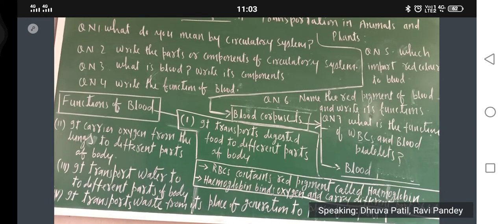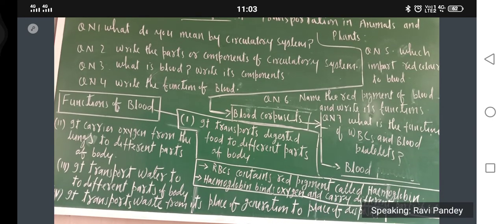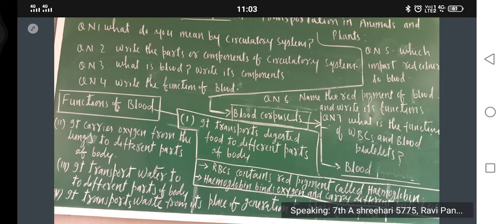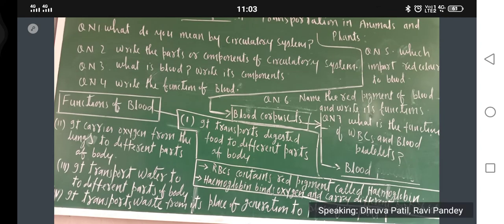In the body all systems are there, so those toxic substances, if they are flowing, are not harmful. If they are getting deposited in one particular place, then they are harmful. Did you get my point?